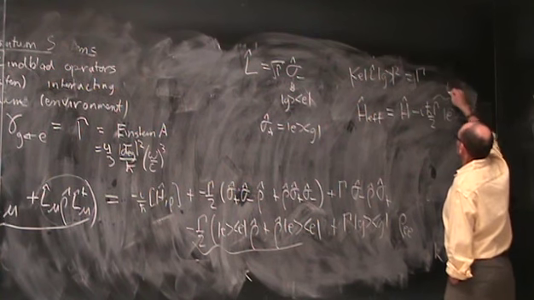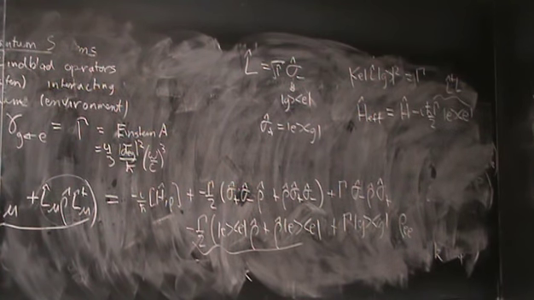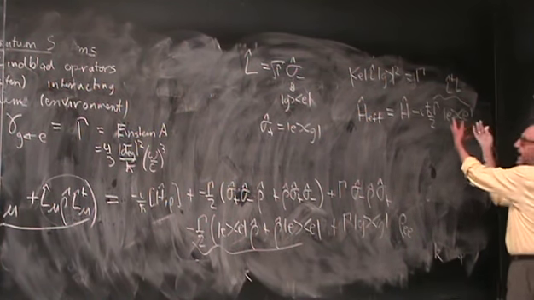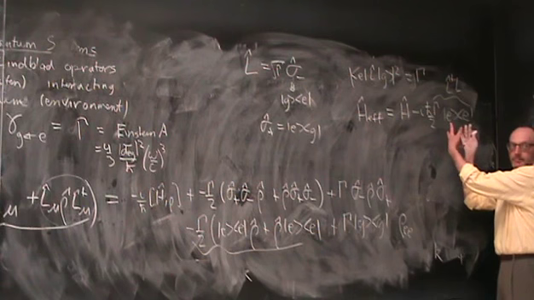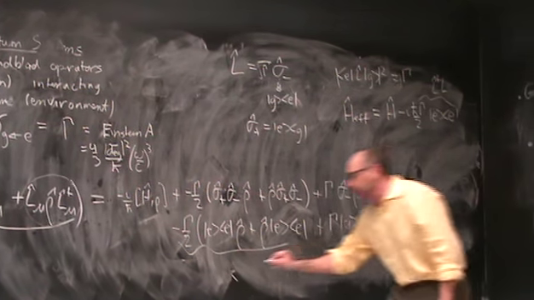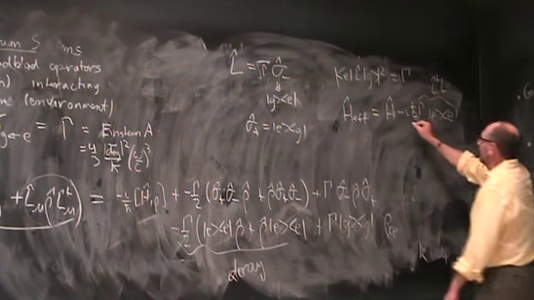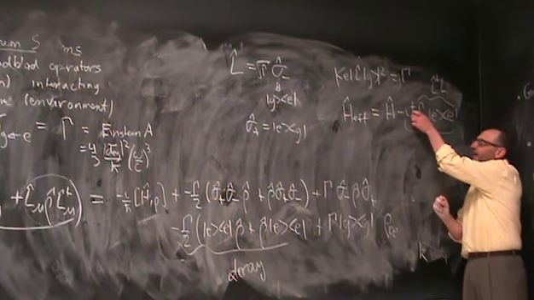Right? This is L dagger L, which represents the decay out of level E. And this is the decay, which is given by the imaginary part.